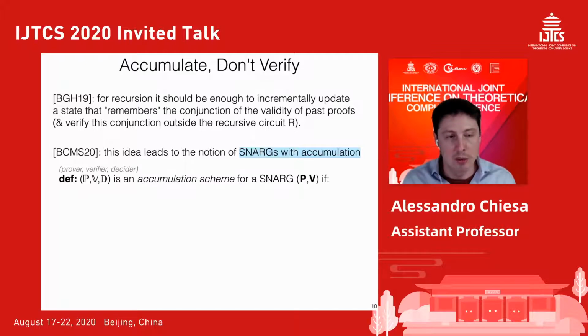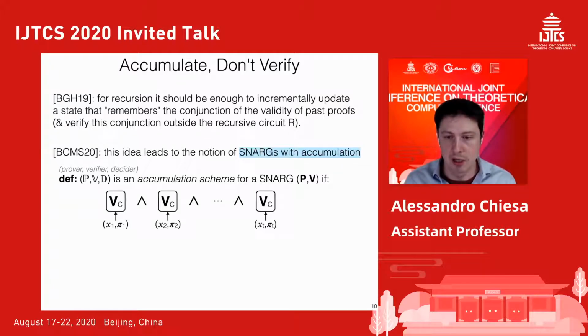So we say that AS, written in this blackboard bold, is an accumulation scheme for a SNARK if the following happens. On the one hand, we are interested in looking at many SNARK proof verifications.